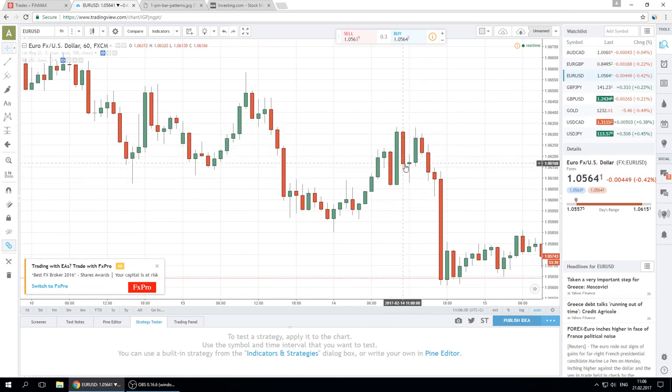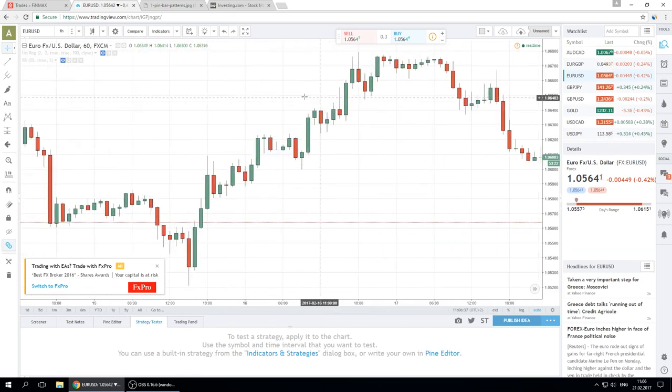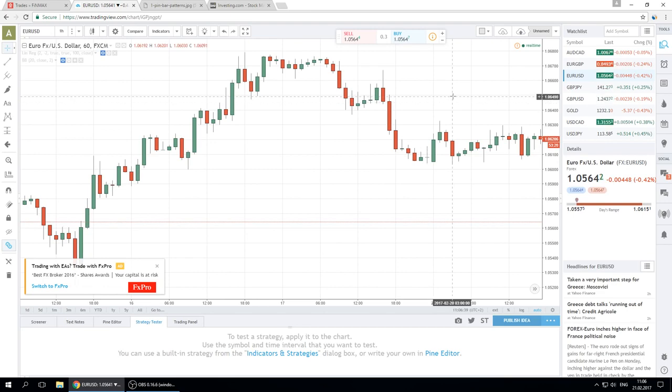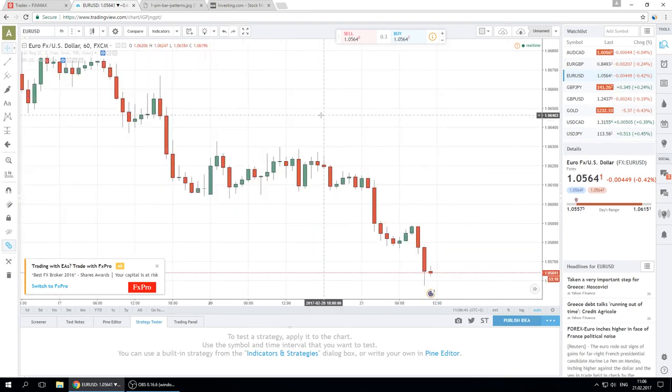So we see that the price was falling. Afterwards we see this candle with the long shadow and small body, and afterwards we see the next candle that shows us the growth, the bullish movement.